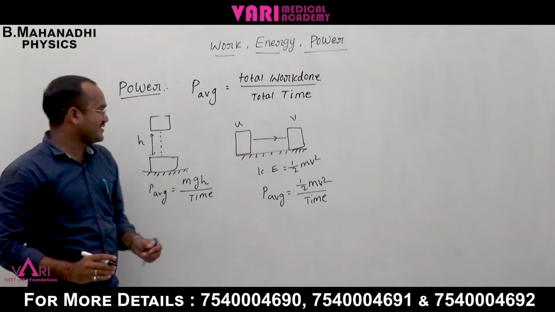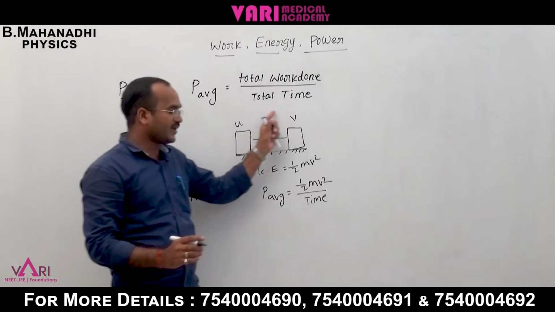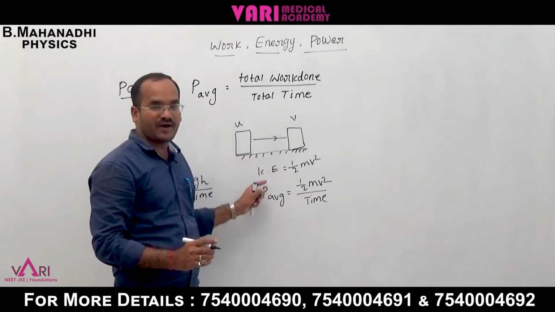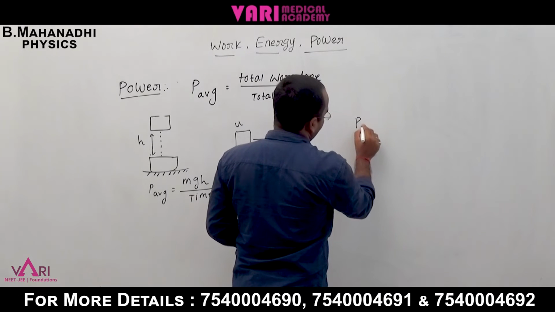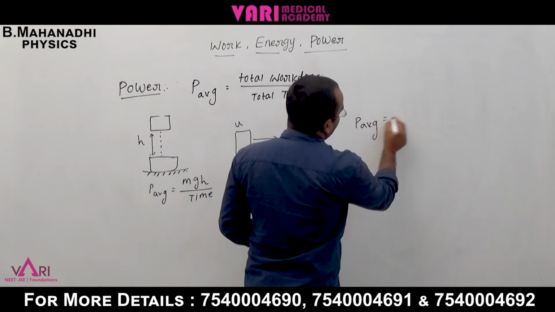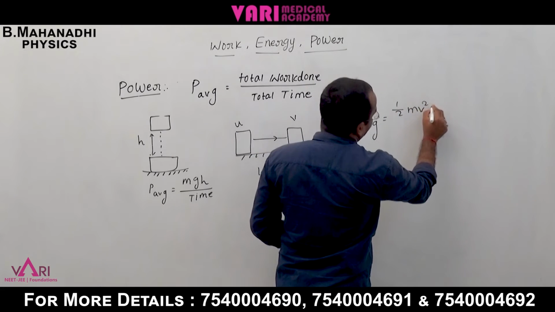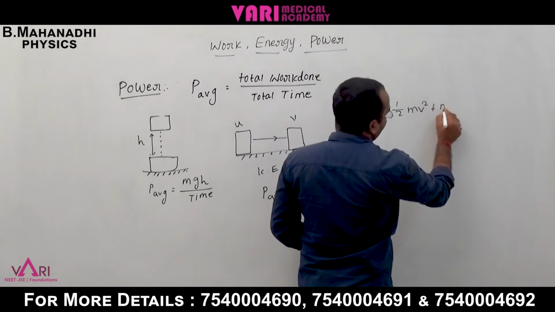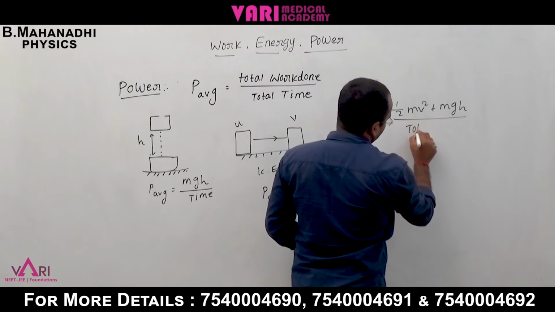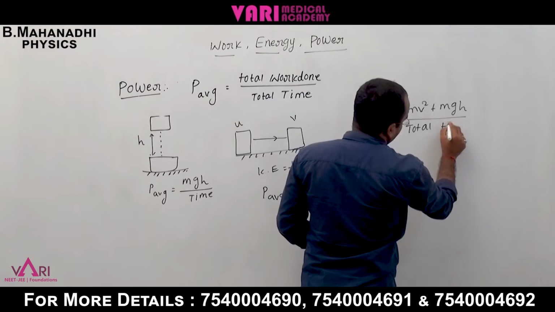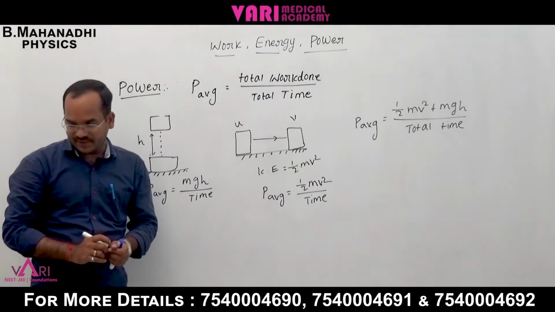This is the power related to potential energy, and this is the power related to kinetic energy. If we need the total P average, it is the kinetic energy, half m v square, plus the potential energy, mgh, divided by the total time. This is the explanation of average power.